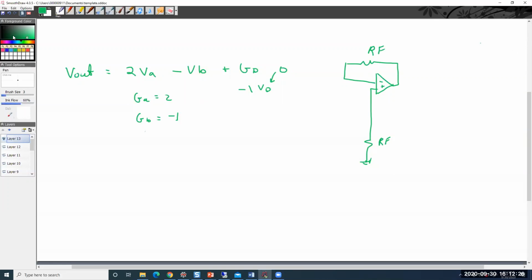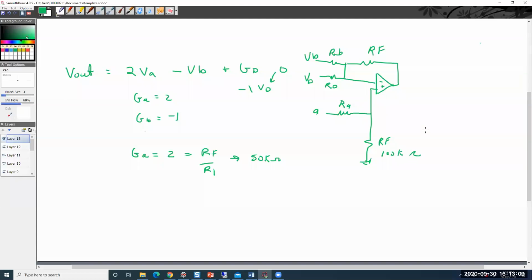Okay. So really, if the gain is 2, and that equals RF over R1, that means R1 equals 50 kiloohms.